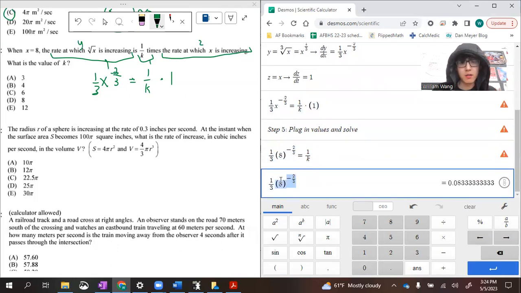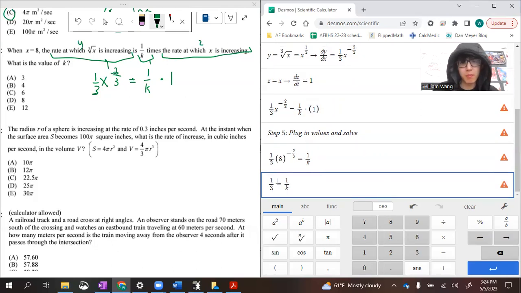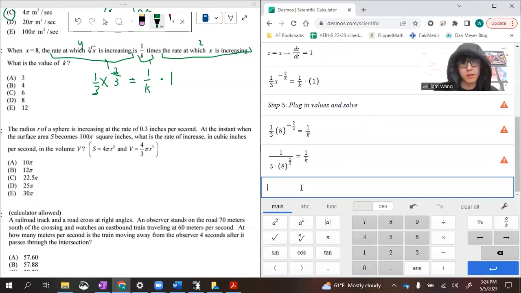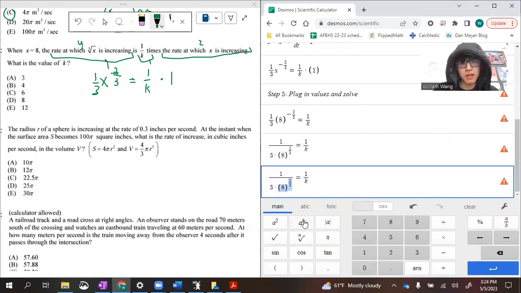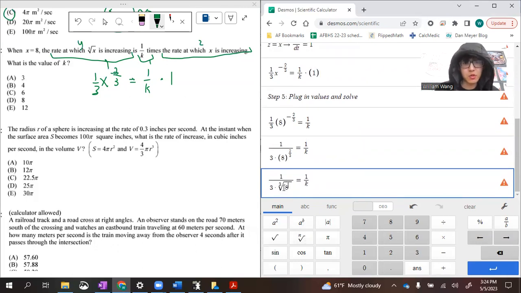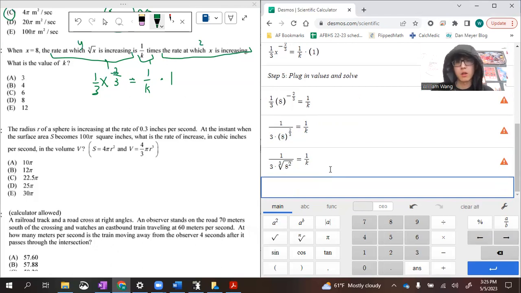All right. Well, when it's to the negative 2/3, I can move that to the bottom, times 8 to the positive 2/3. Okay, 8 to the positive 2/3 is the cube root of 8 squared, that's just another way to write it, changing my fractional exponent back into root form.